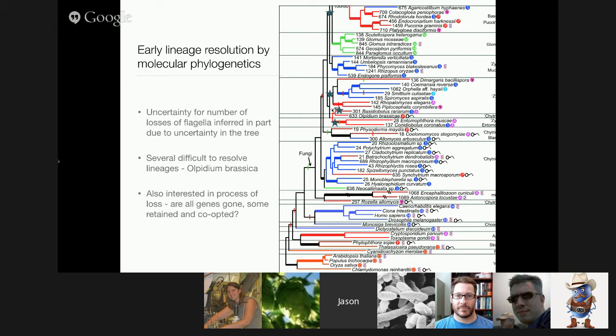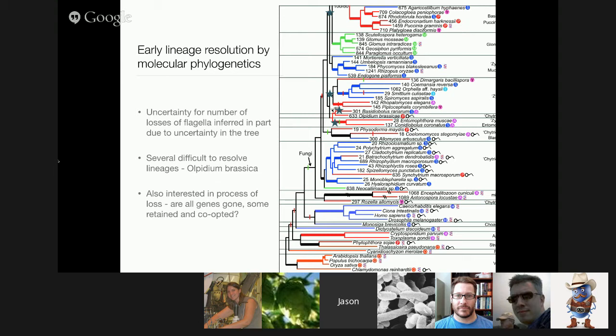The inference from this tree, because of the losses and gains of the flagellum and the phylogenetic relationships, was that there were at least 3 losses of flagella in the fungi. That's what the tree at the time is able to tell us, and we'd like to revisit that with better confidence in those relationships of the fungi.